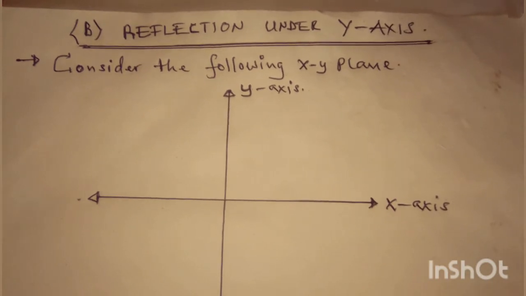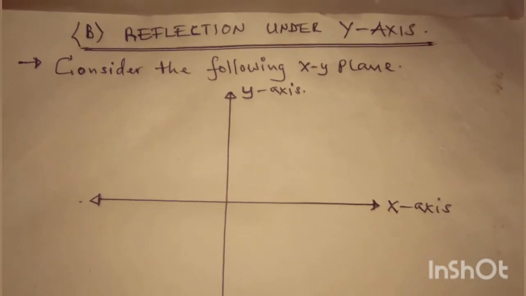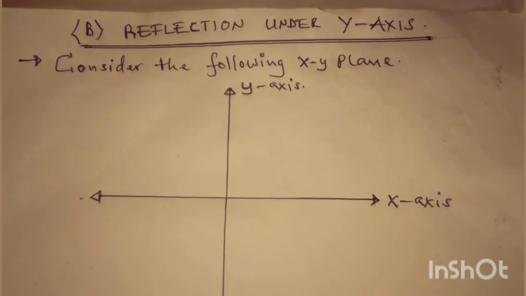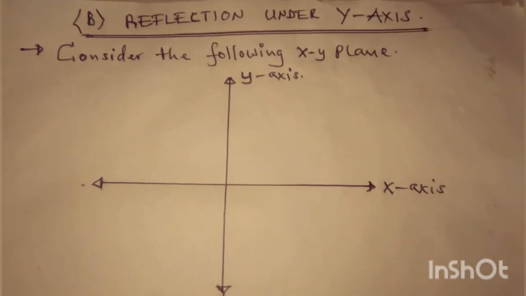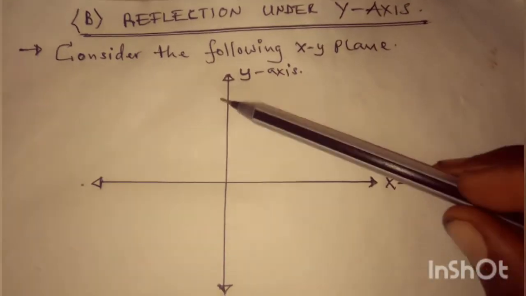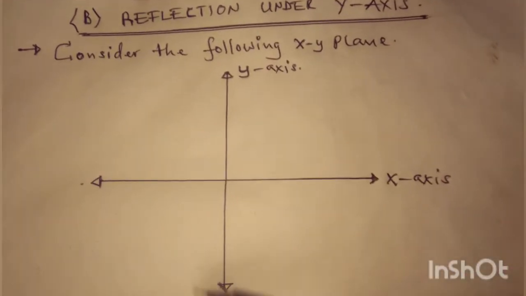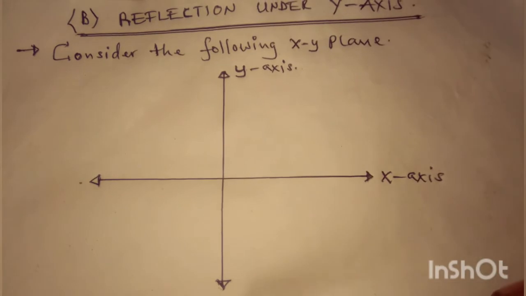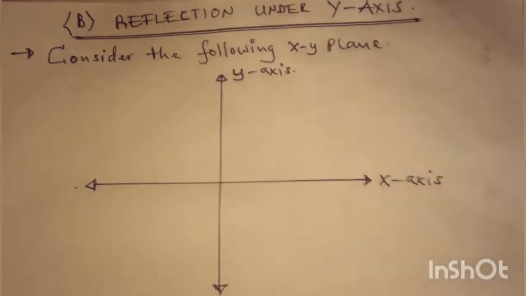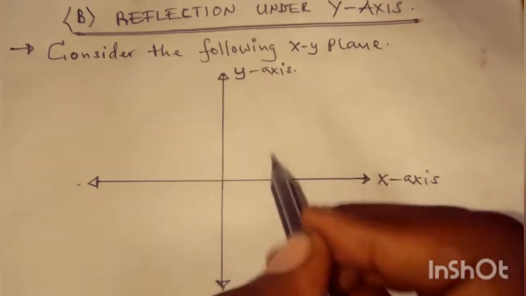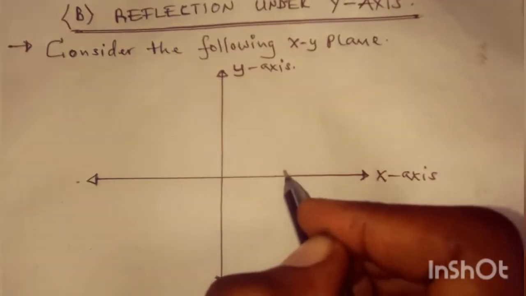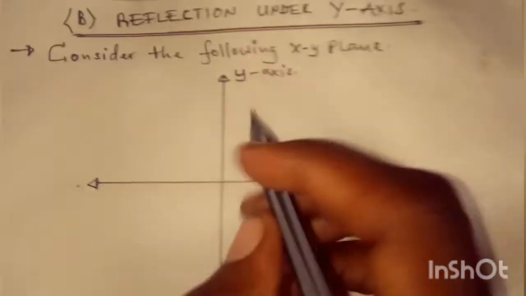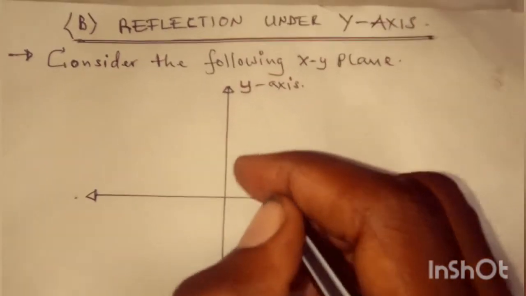reflection under the y-axis. In the previous lecture we learned reflection at the x-axis. Today we are going to see when reflection takes place at the y-axis. This is the y-axis and this is the x-axis. Reflection at the y-axis means the object is placed from this line to this line, so it depends on the nature of the given object.